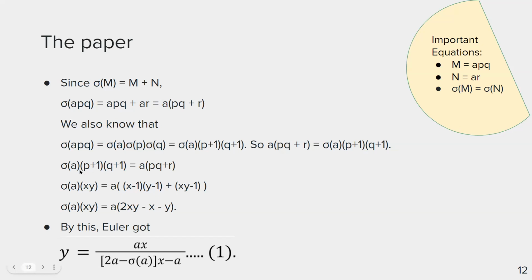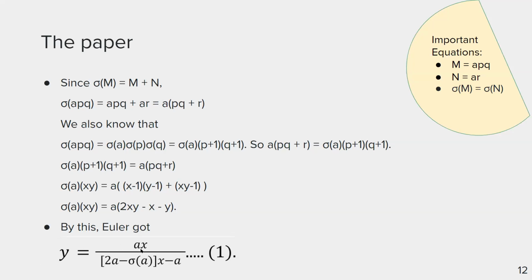And we can further simplify P plus 1 times Q plus 1 to XY. And PQ plus R will be X minus 1 times Y minus 1 plus XY minus 1. So sigma of A times XY is equal to A times 2XY minus X minus Y.